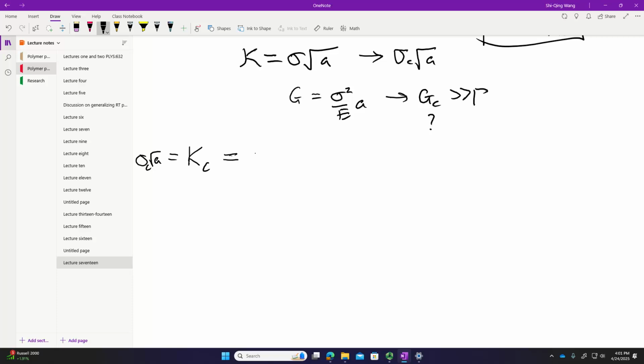Now, the English solution tells me it's given by the inherent strength times the radius of that ellipse at the tip. Since it's linear elastic material, I actually further know Gc is Kc squared divided by E, which means what? It's sigma_F squared E rho coming out of the square root.